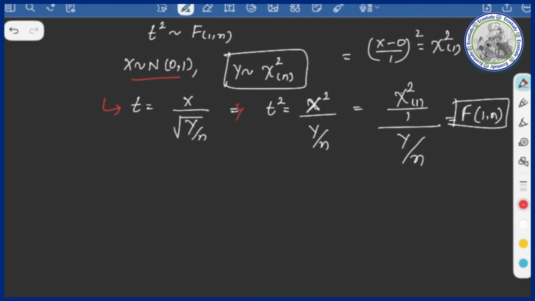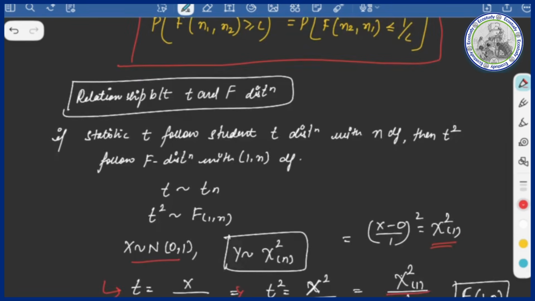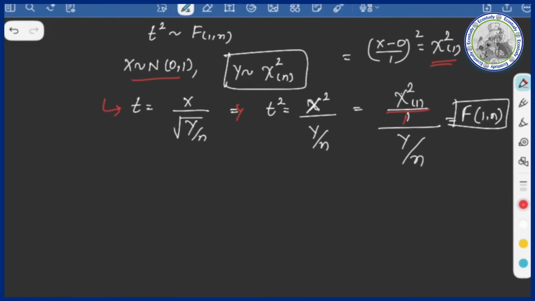Now when we take the square on both sides, we have x square, which gives chi-square with 1 degree of freedom, and the square root cancels out, giving chi-square with 1 divided by 1, over y upon n. That is F distribution with 1, n. So this is the relationship between the t and F distributions.